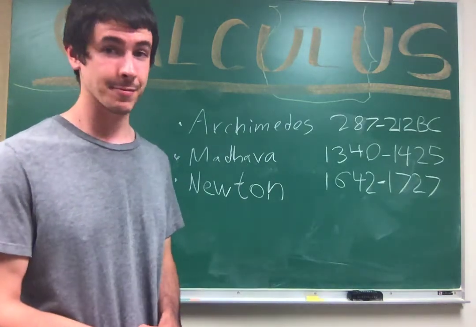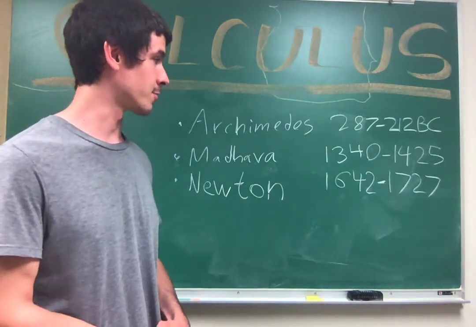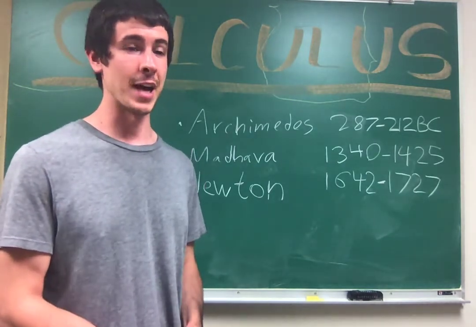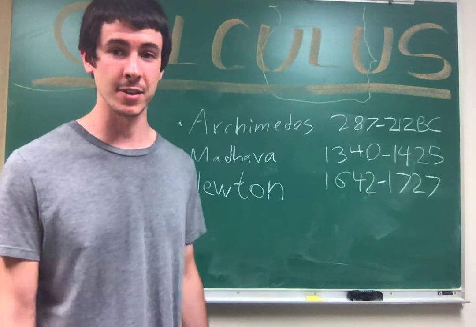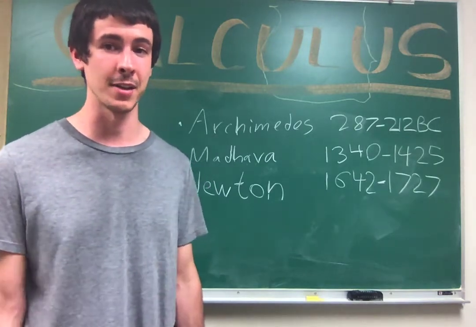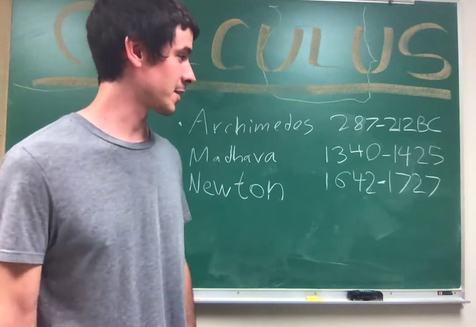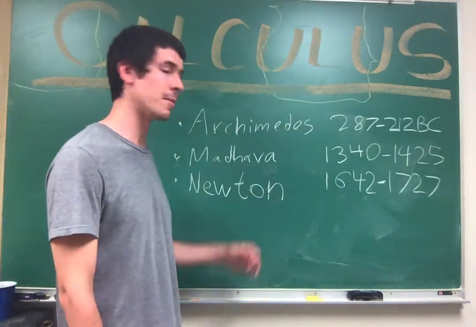So that's a controversy. Fortunately, we won't be dealing with historical controversies much in this class, because math is fairly cut and dried. There's not so much ambiguity when we get into the real meat of the class.